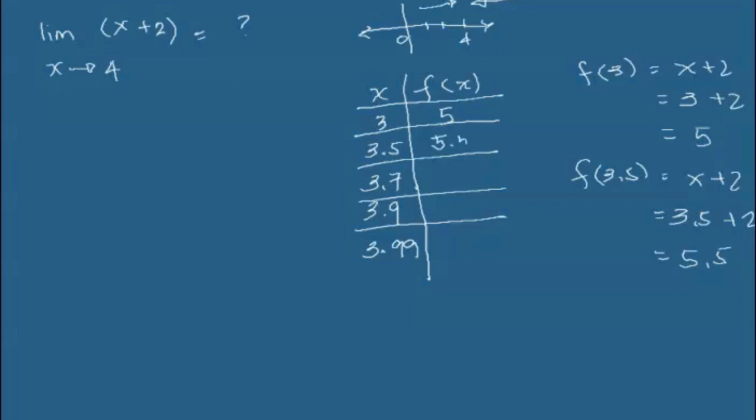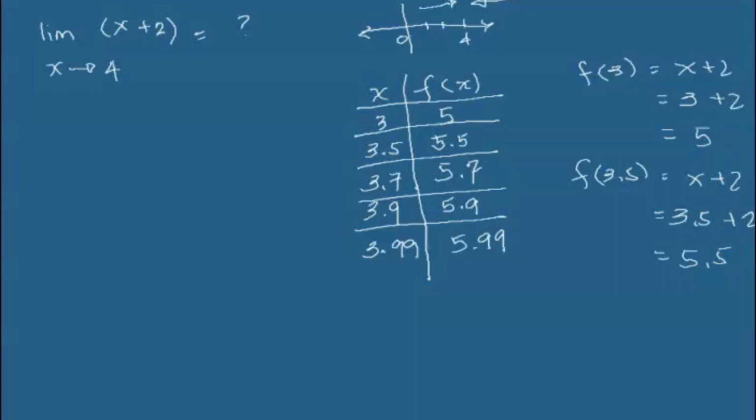And we keep doing this for our x, 3.7. So that will be 5.7. For 3.9, we have 5.9. 3.99 is 5.99. So that's from the left as it approaches 4.